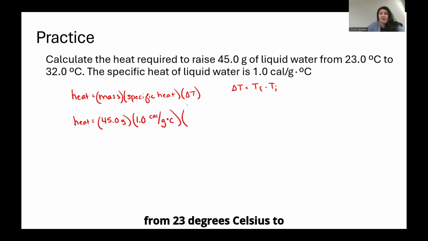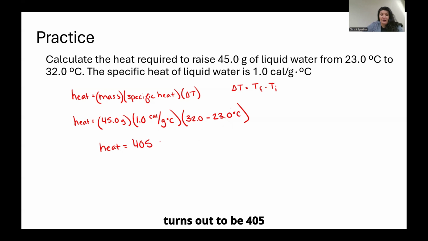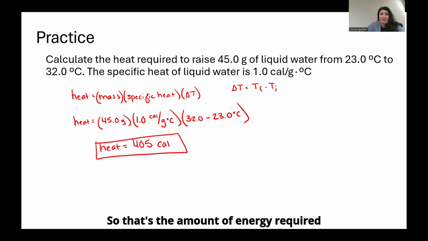We went from 23 degrees Celsius to 32 degrees Celsius, so our final temperature is 32 degrees Celsius, and our initial temperature is 23 degrees Celsius. We multiply everything together, and our heat turns out to be 405 calories. So that's the amount of energy required to raise 45 grams of liquid water 9 degrees Celsius.